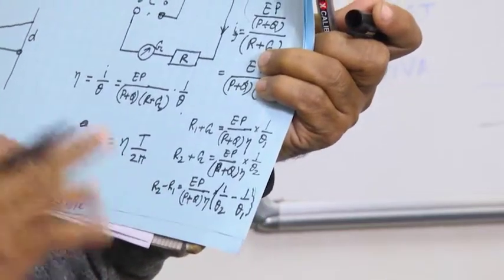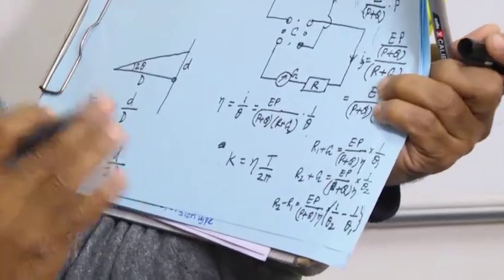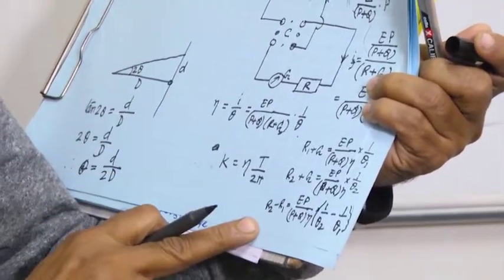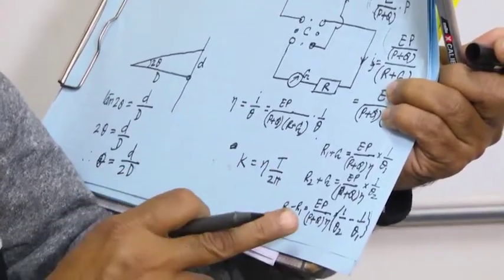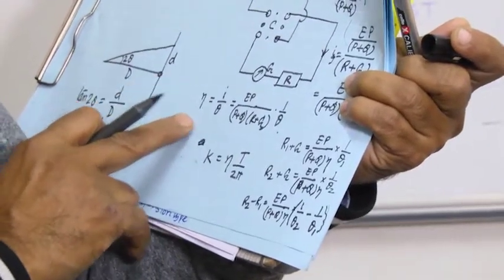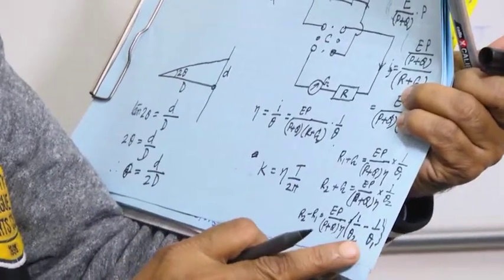So our task is basically to vary R and measure the theta. Then we'll plot a graph, 1 by theta versus R.